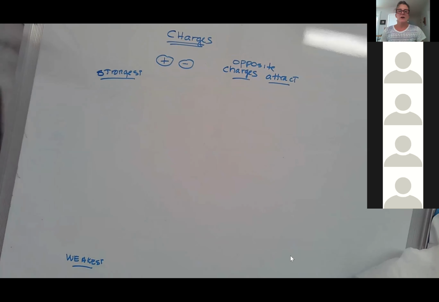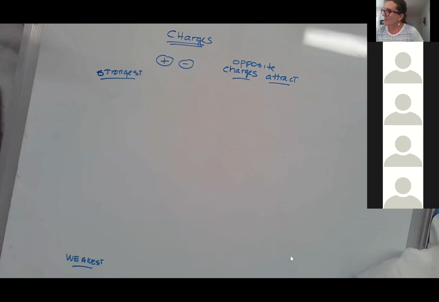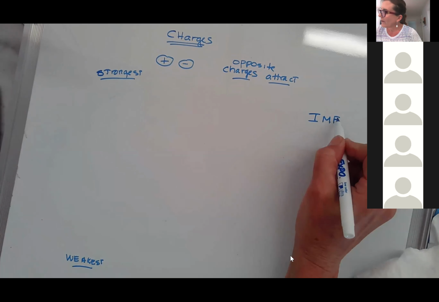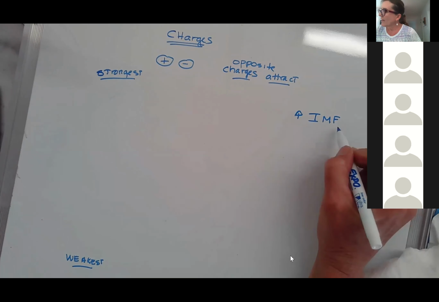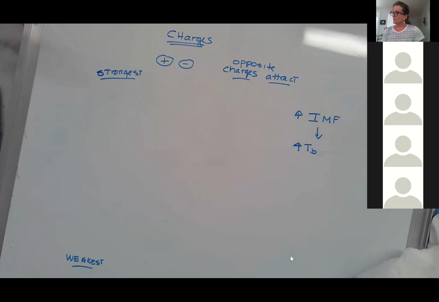And for the most part, the bigger the charge, the stronger the interaction. And the other thing is, the stronger the IMF, that's going to give higher boiling points. So think about the boiling point as indicative of how much energy, how much heat it takes for molecules to separate from each other. So the more heat, the stronger the interaction between the molecules.